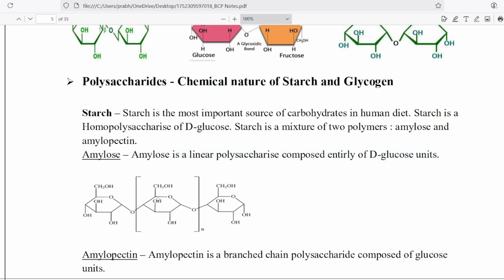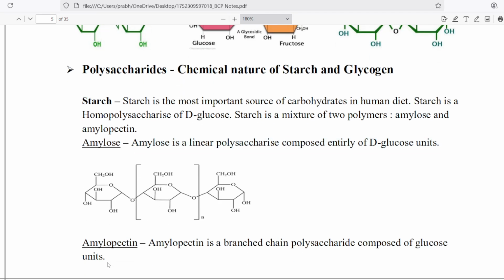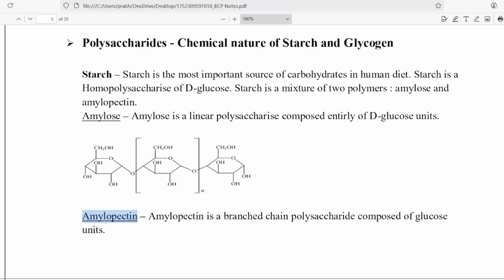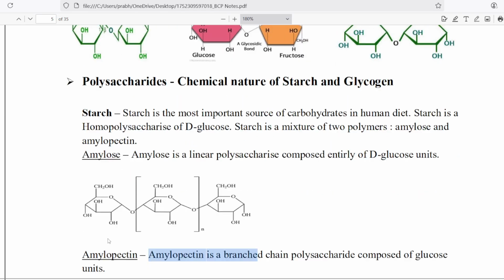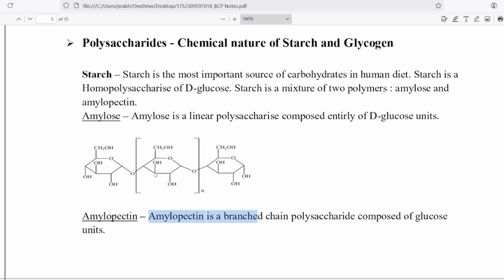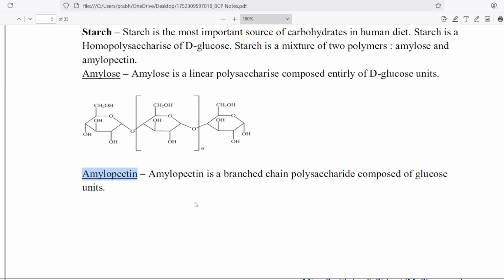This is the structure of the amylose. Then next is the amylopectin. Amylopectin is a branched polysaccharide composed of glucose units. So this is the structure or chemical nature of the starch, which is a mixture of two polymers, amylose and amylopectin.